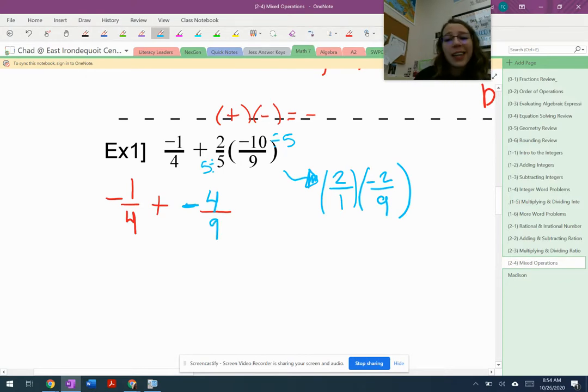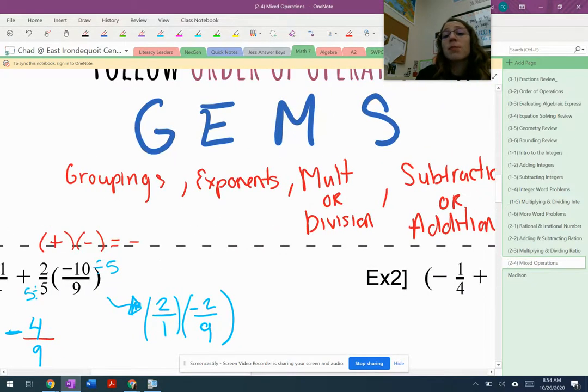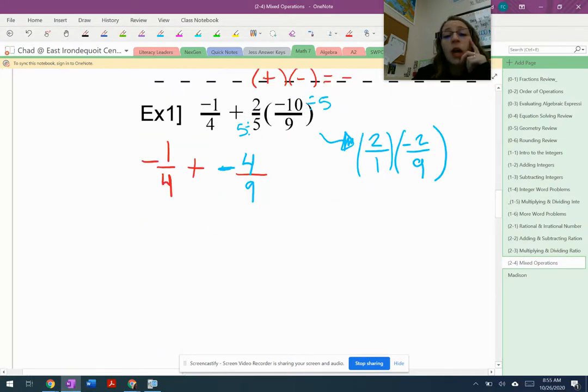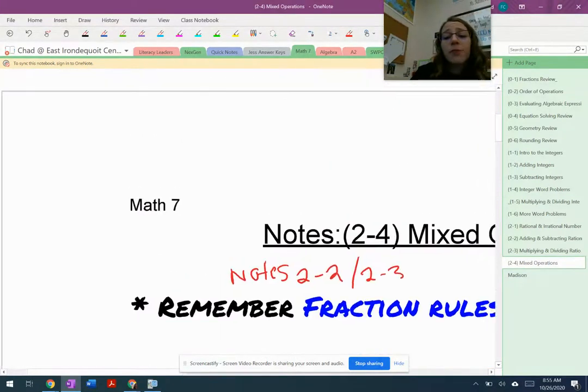So again, I can't do more than one operation with more than 2 numbers at a time. So I did that multiplication, and now I'm going to move on to the next step and do that addition. And again, I started with the multiplication because multiplication and division comes before any addition or subtraction in the order of operations.